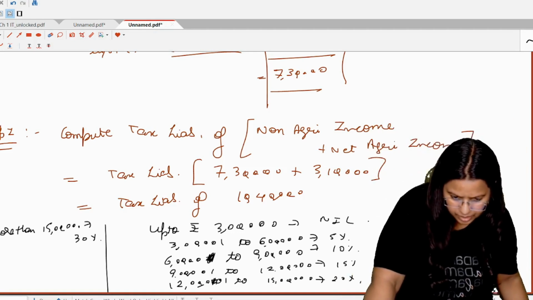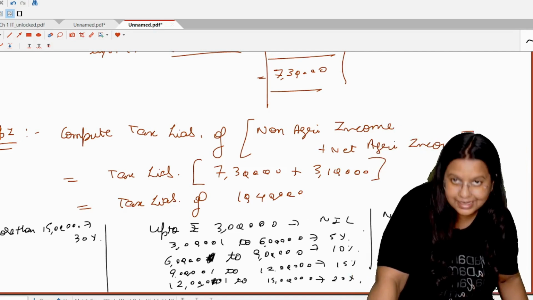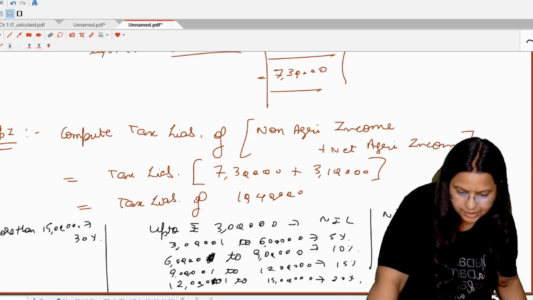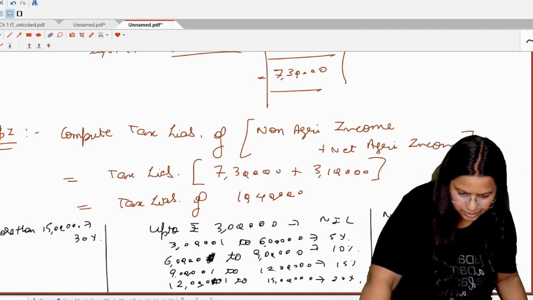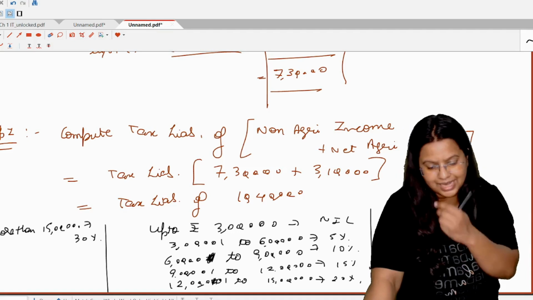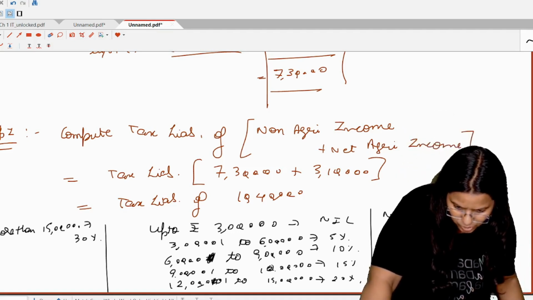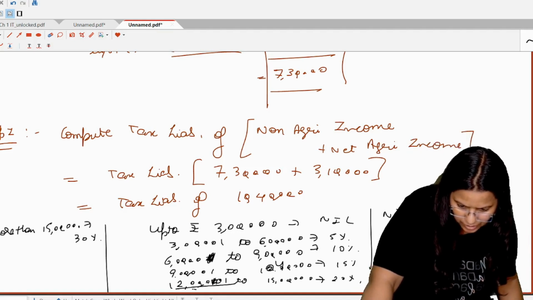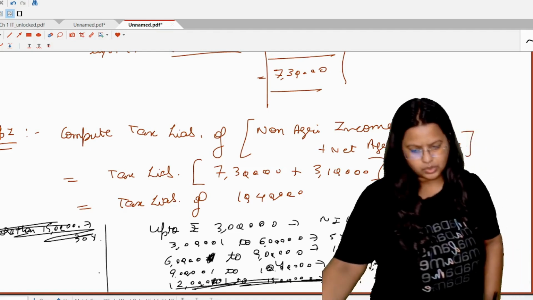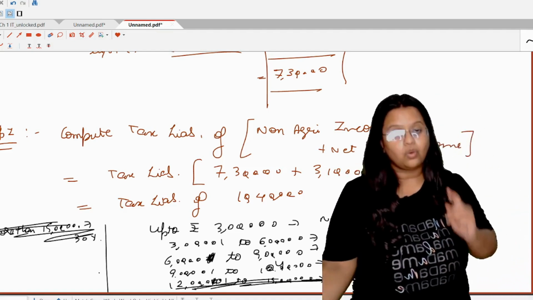Now, up to 3 lakh nil, 3 lakh to 6 lakh, that is 3 lakh. 3 lakhs multiplied by 5%, 15,000. Again 3 lakh into 10%, 30,000. Then 9 lakh to 12 lakh, again the 3 lakh. But we have the amount 10,40,000. It means in our question it is up to this point only, 10,40,000. In our question this doesn't come. Okay. So 9 lakh 1 to 10,40,000, it means 1,40,000.